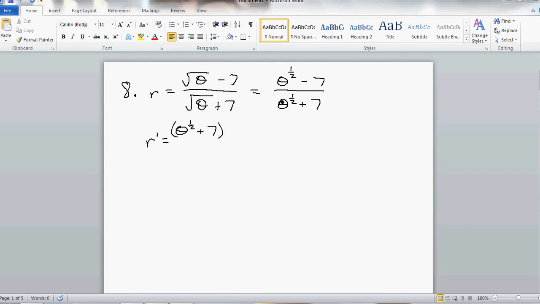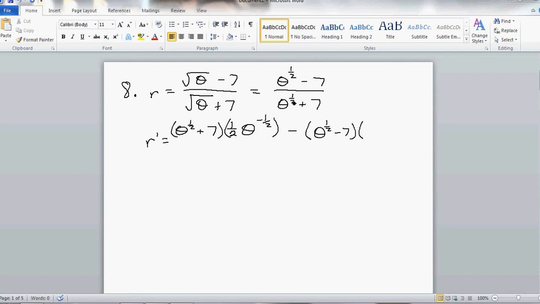d high. Well, the derivative of this is going to be 1/2 of theta, and then 1/2 minus 1 is negative 1/2. Minus. So that was ho d high minus high d ho.